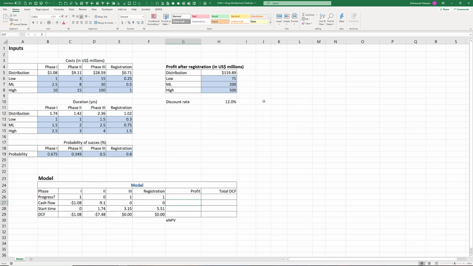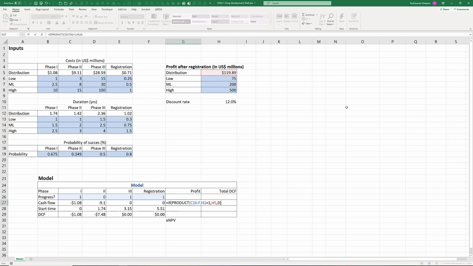Now, you will have profit if all the previous stages are successful. So you have to do product of all 4 stages, close parenthesis, equal to 1. Then that will be a positive amount because it is profit.